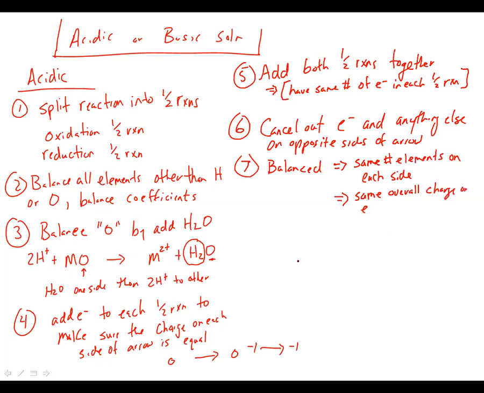So if the left-hand side adds up to -1, the right-hand side needs to add up to -1. Left-hand side +2, right-hand side +2. It needs to be balanced. This gives you the balanced equation in acidic conditions. Any questions on those steps? We're going to do some examples in just a second to see how it all really works.